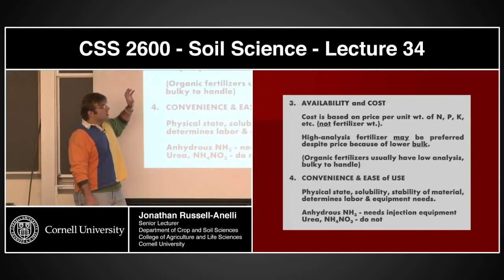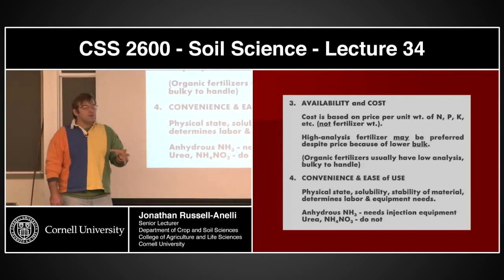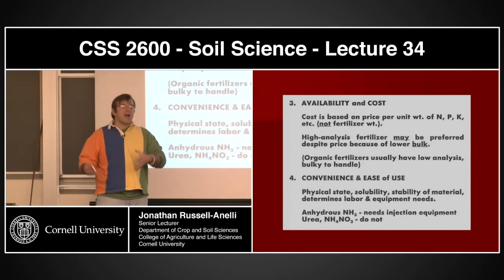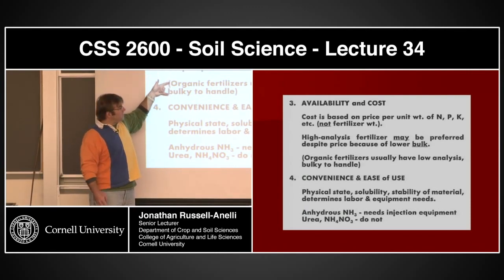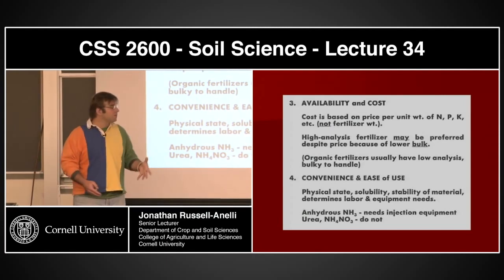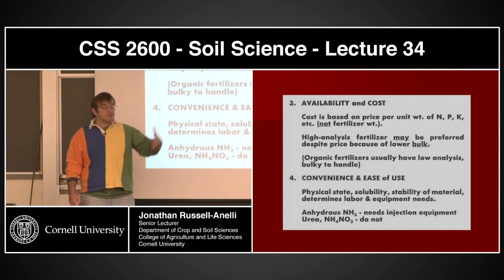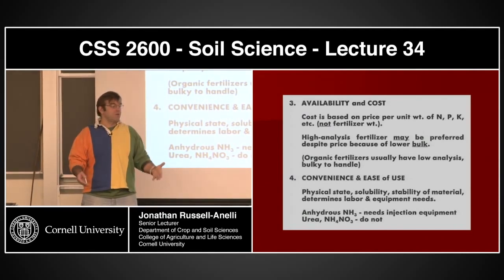Now, if you think also about cost and availability, you also need to think about the cost and availability of transport and application. The example I have here is if I have lots of organic matter. The reality is most organic matter has a lower spec, a lower analysis than some of these inorganic materials. If I have to get 100 tons of nitrogen on my field, that might be 1,000 tons of organic matter.